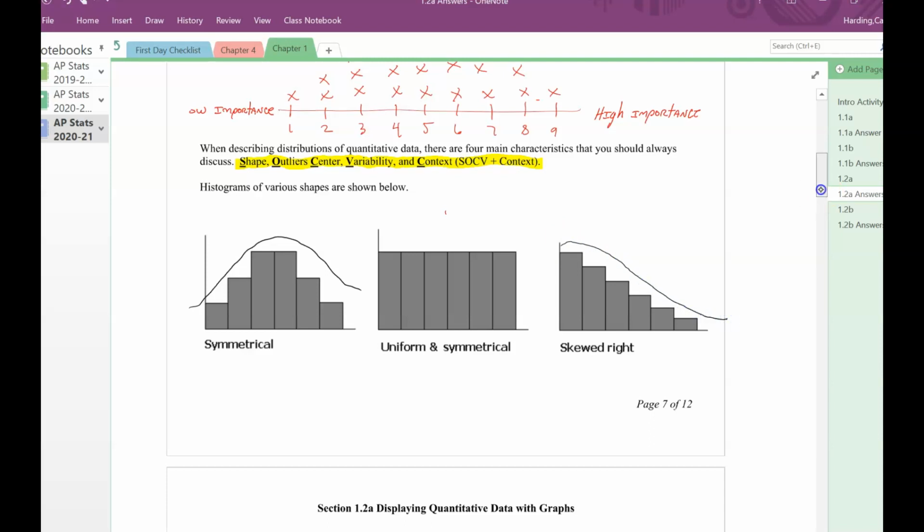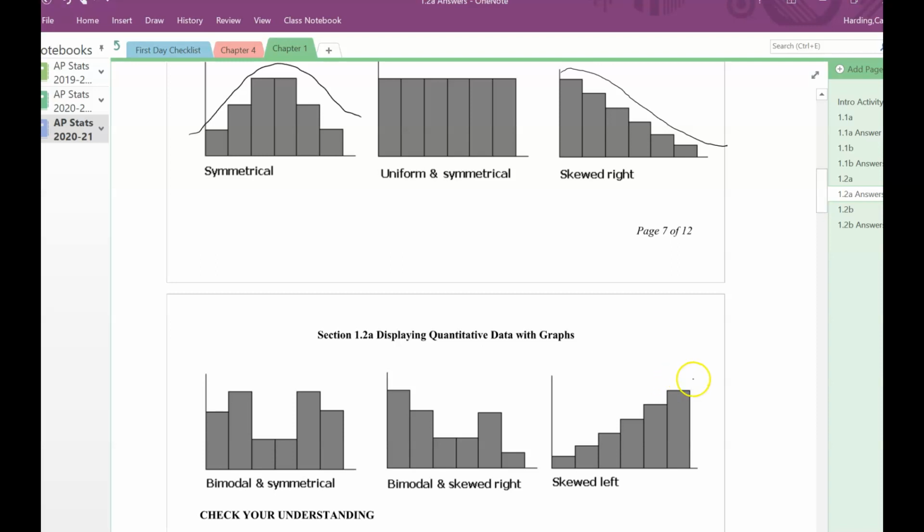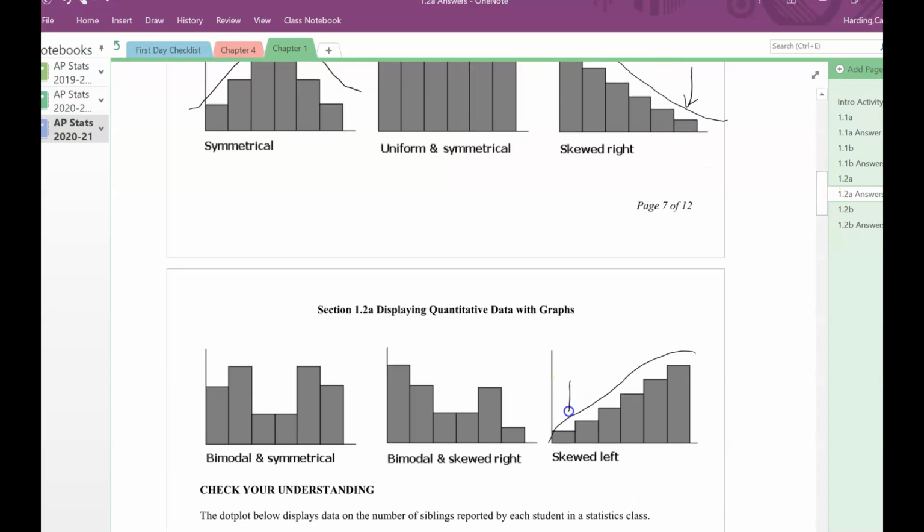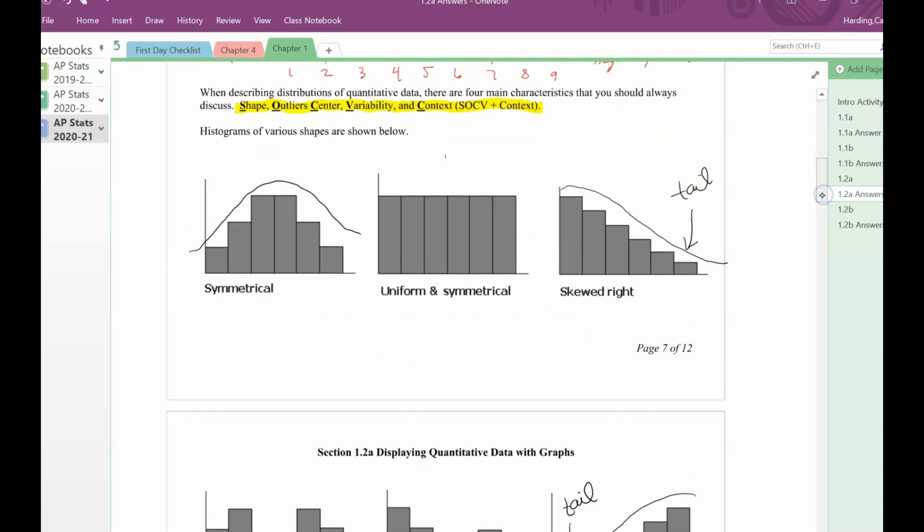And there is also skewed left. And what you want to pay attention to is the direction of the skew is actually where the tail is. This is called the tail. It's not where the bulk of the data is, it's actually the direction that the tail is in. So symmetric, skewed right, skewed left.